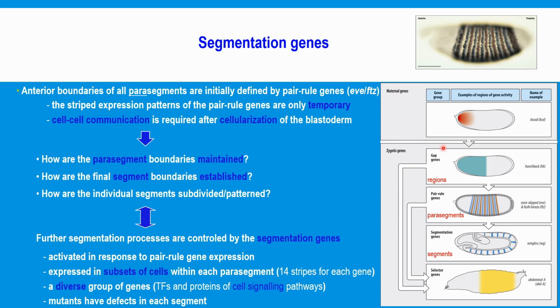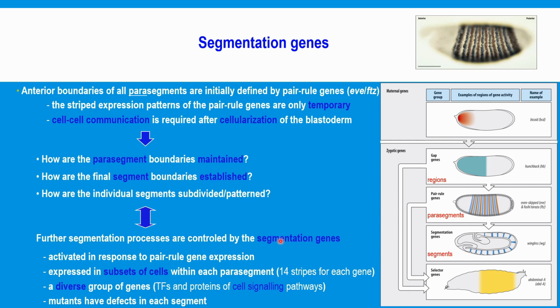So we've seen how the gap genes set up expression of the pair rule genes to generate the parasegments. And now we want to see how this temporary pattern of pair rule genes can be used to establish expression of the segmentation genes and define the segments in the animal.